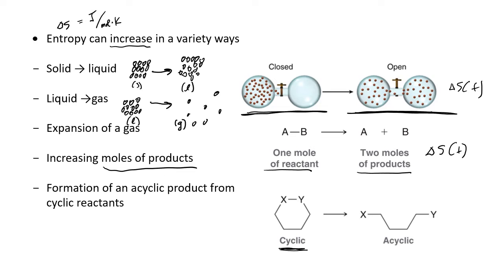So there are less degrees of freedom of motion for a cyclic molecule because it's locked into place. But if you think about this in terms of bond rotation and the possible states that this molecule could occupy in a three-dimensional space, we've increased the number of possible microstates, is what they would call it, for an acyclic molecule. So delta S increases.